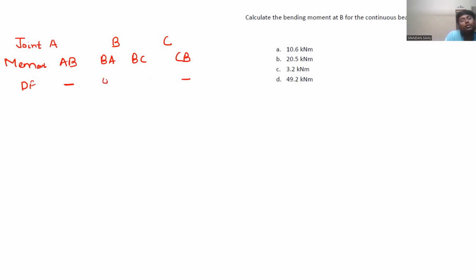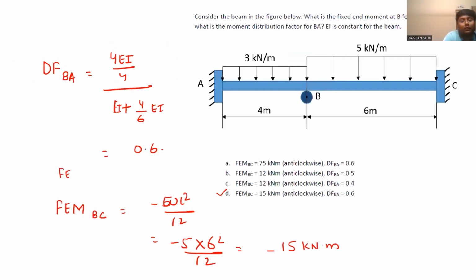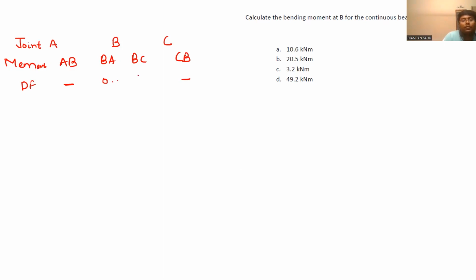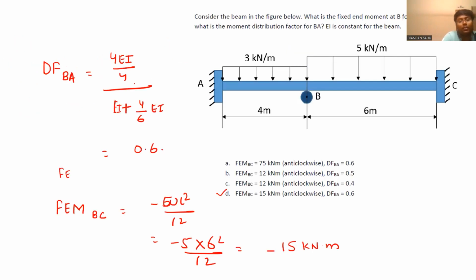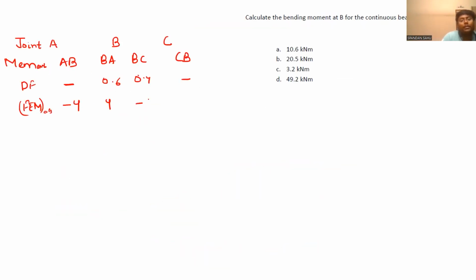This will be 0.6, 0.4. Fixed end moments will be -4, 4, -15 and 15. Now balance.